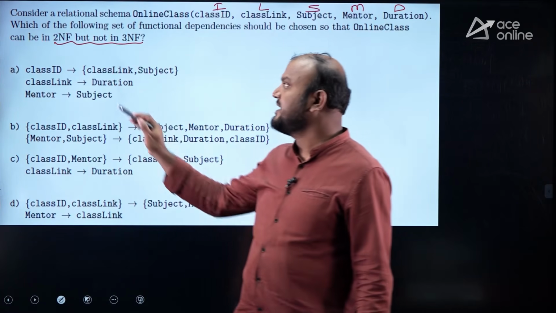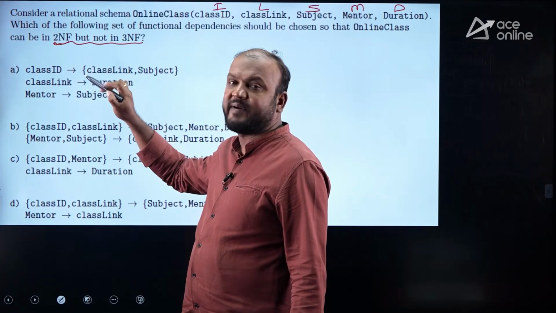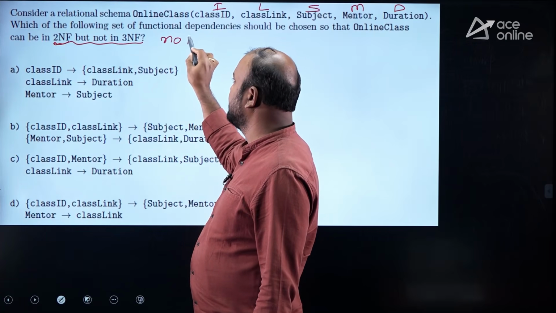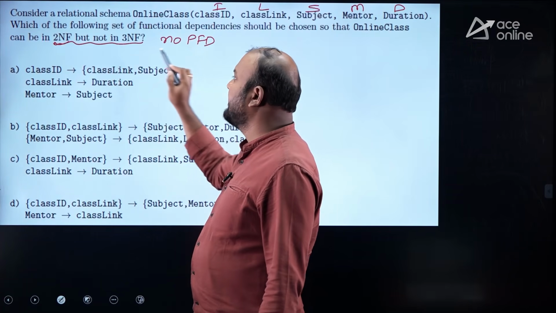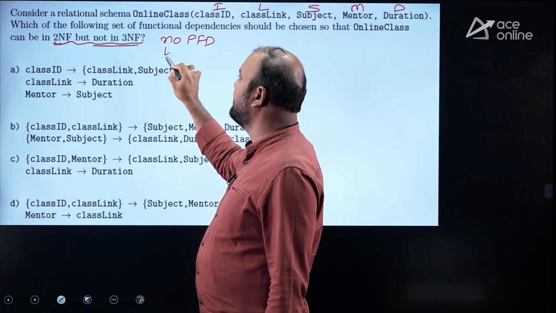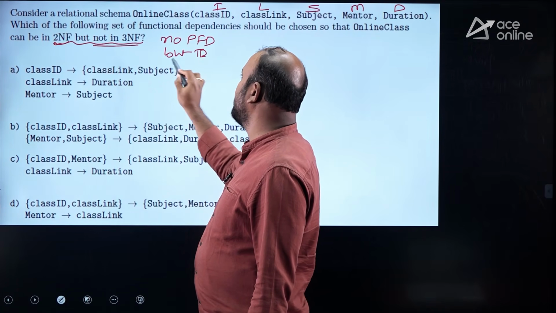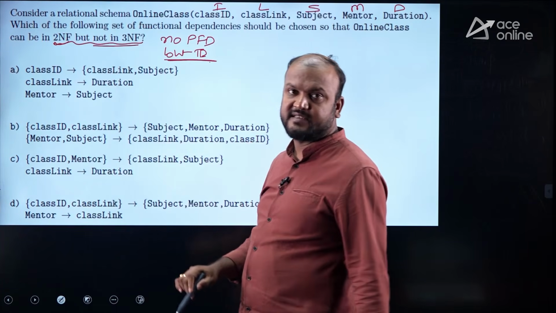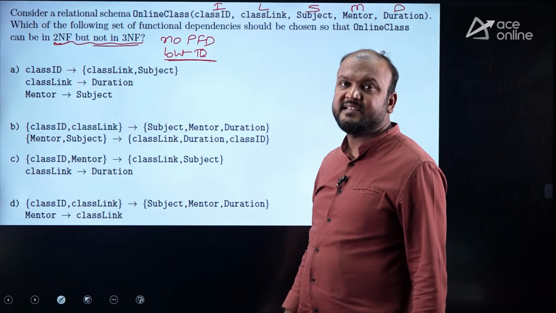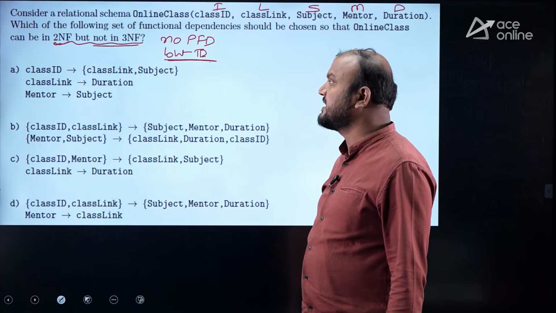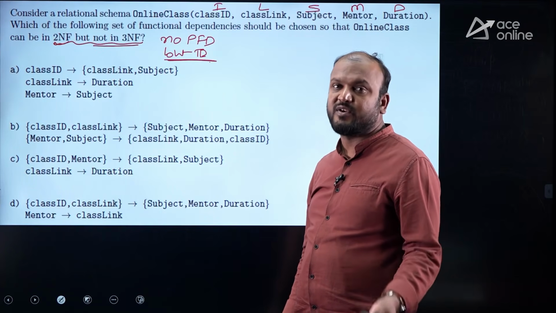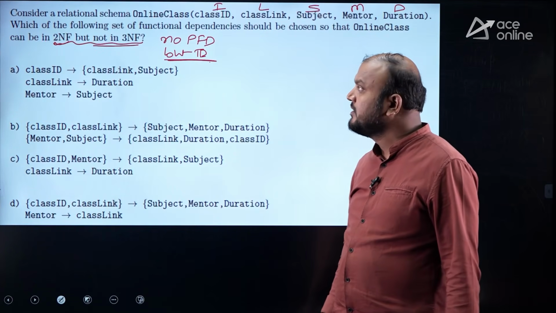When can I say a relation is in 2NF? No partial dependencies. When it is not in 3NF, there are transitive dependencies. So, no partial dependencies but transitive dependencies. No partial dependencies means no part of key to non-key, but transitive dependency means non-key to non-key should be there. Okay, right.